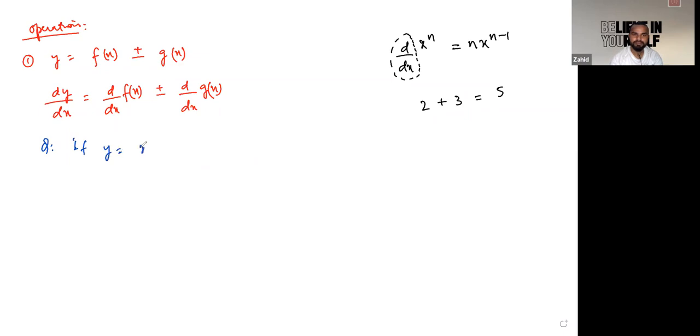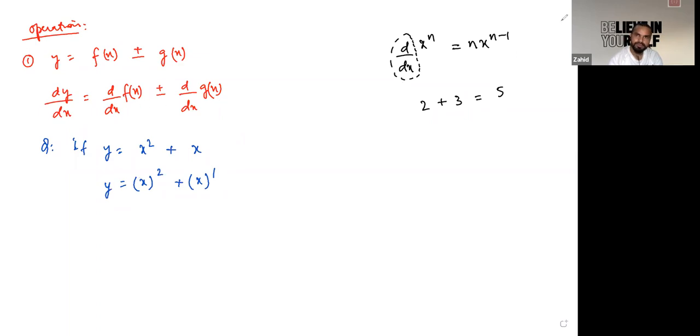Suppose y is equals to x square plus x. Now we have to apply differentiation for this function. We have two different terms. First of all, we have to write each term in exponential form. So you can write it as x raised to 2 for the first part and x raised to 1 for the second part is equals to y.